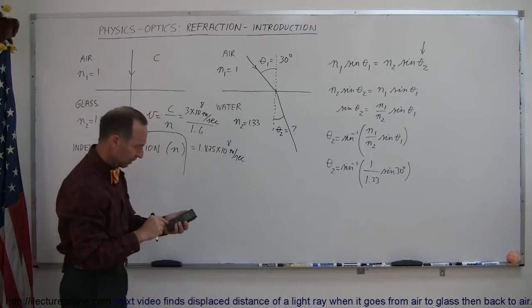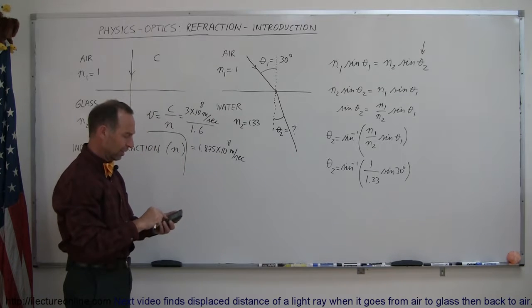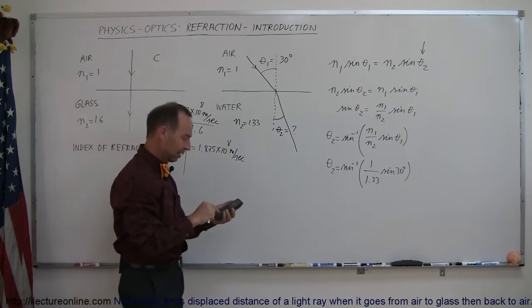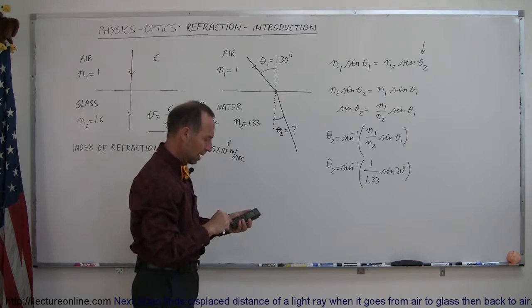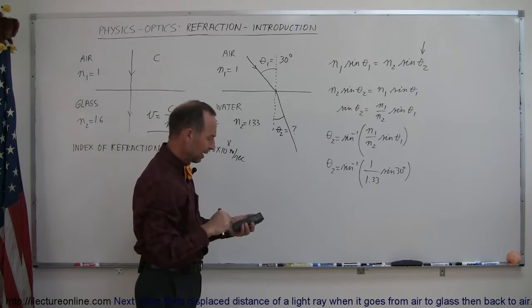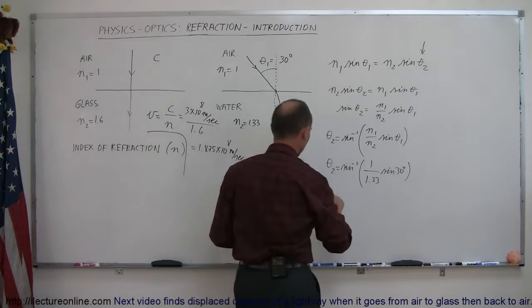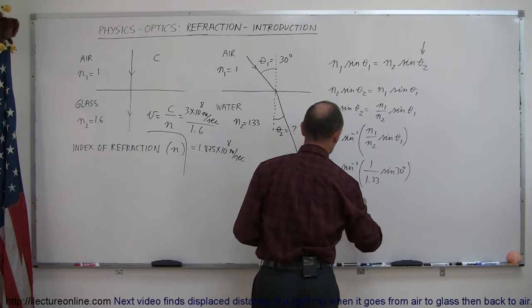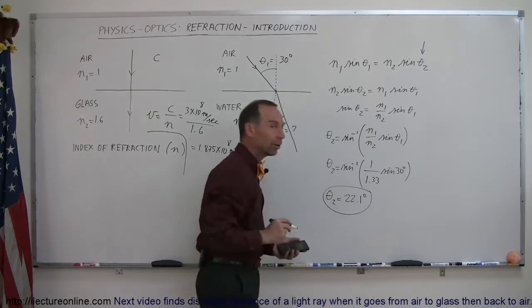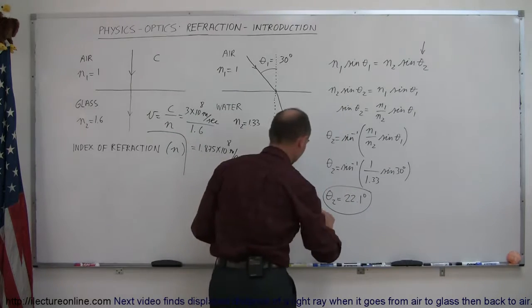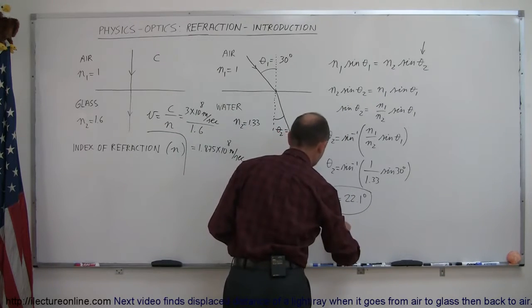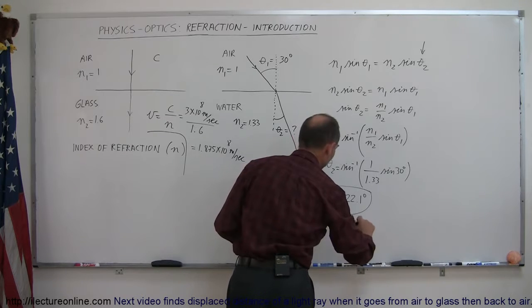Okay, let's find out what that's equal to. So I take the sine of 30, that should be 0.5, divide that by 1.33, and then take the arc sine of that, and we get 22.1 degrees. So theta sub 2 is equal to 22.1 degrees, and that's what we call the angle of refraction. Let's write that down. So that's called the angle of refraction.